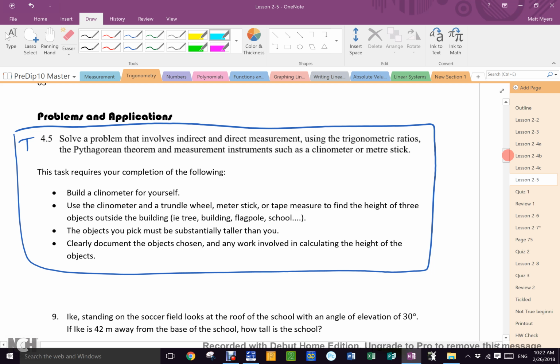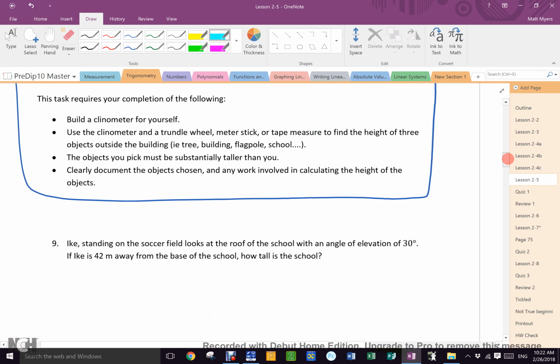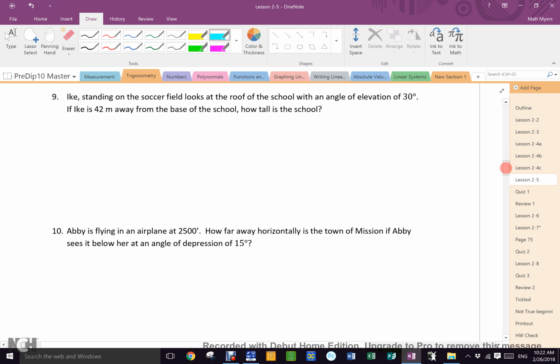When you turn the page over to page 63, you can ignore the first little bit of it. But let's go to page number 9. Okay. From now on, all of your trig is word problems.